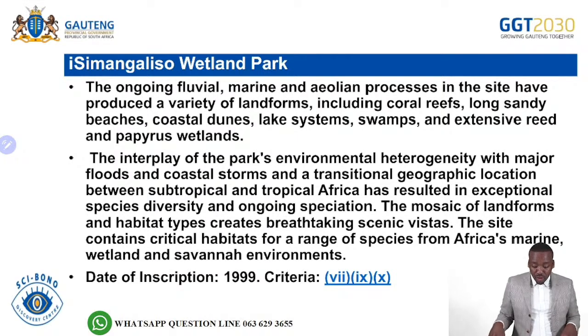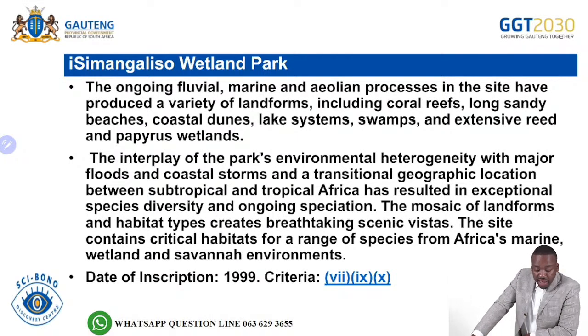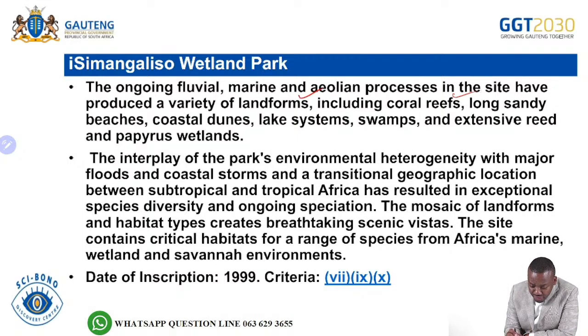So Isimangaliso Wetland Park. The ongoing fluvial, marine and aerial processes in the site have produced a variety of landforms: coral reefs, long sandy beaches, coastal dunes, lake systems, swamps, and extensive reed and permanent wetlands.